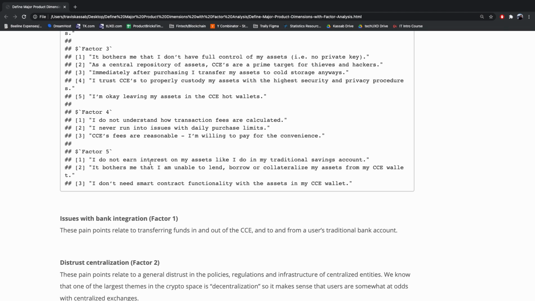Factor 5: I do not earn interest on my assets like I do in my traditional savings. It bothers me that I am unable to lend, borrow, or collateralize my assets from my CCE wallet. I don't need smart contract functionality with the assets in my CCE wallet. To me, this means that the CCEs are lacking in the money verbs we're used to in traditional finance, where you can lend and borrow your money, earn interest, and collateralize your assets in order to borrow.